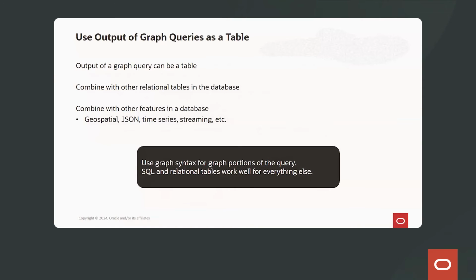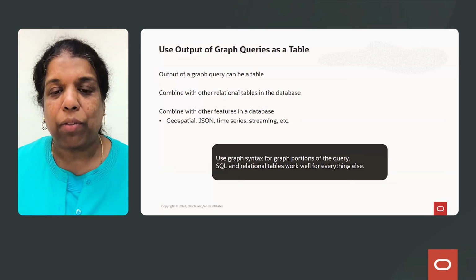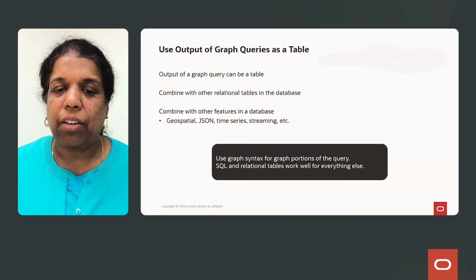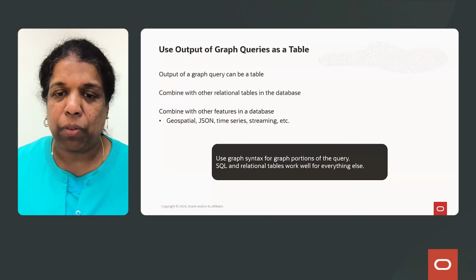So the outputs of these graph queries can be treated as a table. So it makes it easy to combine the results of your graph queries with other relational tables in the database and other data types in the database, spatial data, JSON data, and so on. So our goal is to help you use graph syntax for the graph portions of your query and use SQL and relational tables for others, or JSON documents for other things that you want to do with your data.